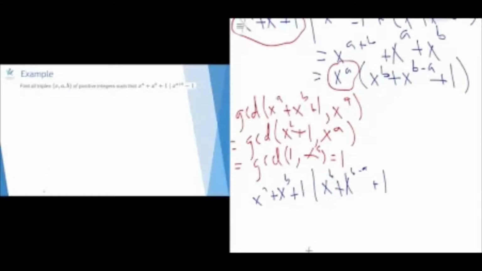But what we can do to make life simpler is remove x to the b plus 1 from this right-hand side. And to do that, we simply subtract this left-hand side once. Okay, so what that means is we're going to take x to the a plus x to the b plus 1, and we're going to subtract that left-hand side from the right-hand side. And remember, that's allowed because, like we did in the first step, we could just add and the thing will still divide.